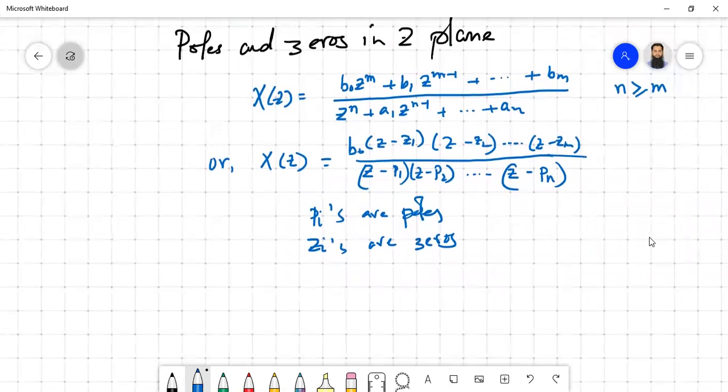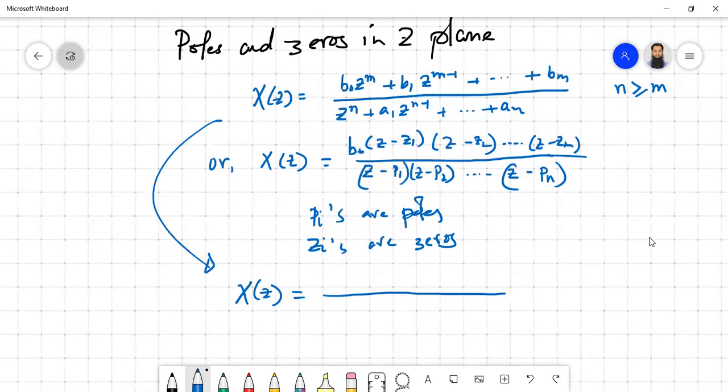So now you can represent them, as I said, in terms of powers of Z, or in terms of powers of Z inverse. So the same one you can also write in this way: X(z) equals, since we assume that n is greater than m, the numerator and the denominator both will be divided by z to the power n.